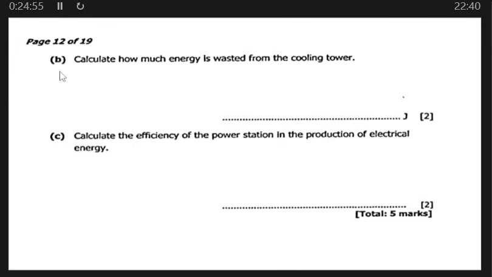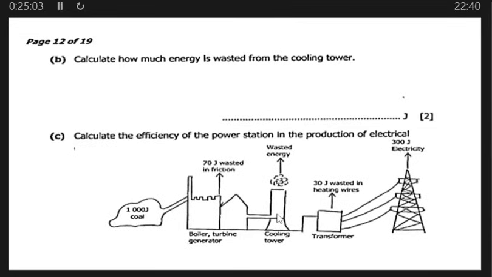So question B says, calculate how much energy is wasted from the cooling tower. So we need to know here how much energy was wasted at the cooling tower. For you to be able to calculate this question, you must understand the principle of conservation of energy. Energy cannot be created nor destroyed, but it can be converted from one form to the other.